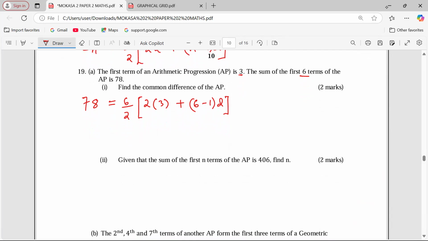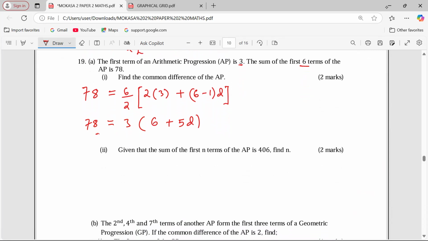Simplification will give us 78 equals 3 into 6 plus 5 multiplied by d. When you divide through by 3, we get 26 equals 6 plus 5d.